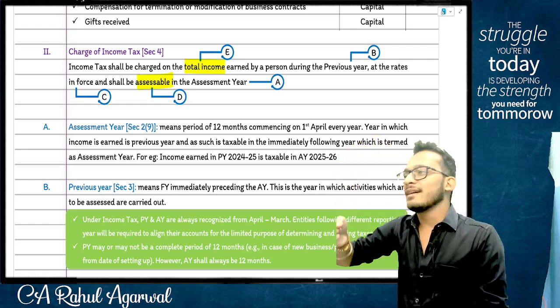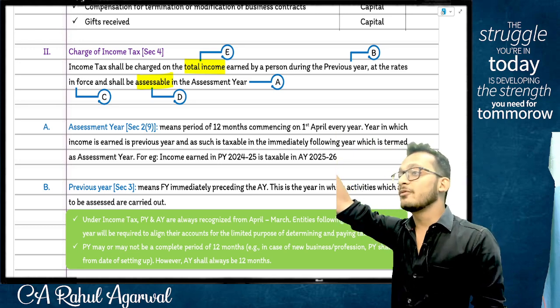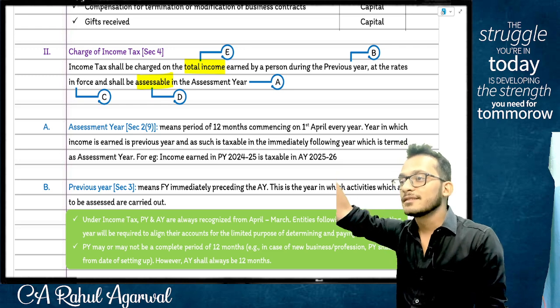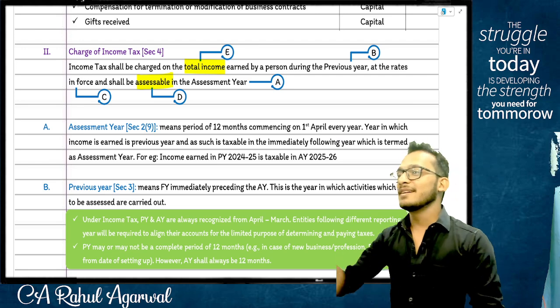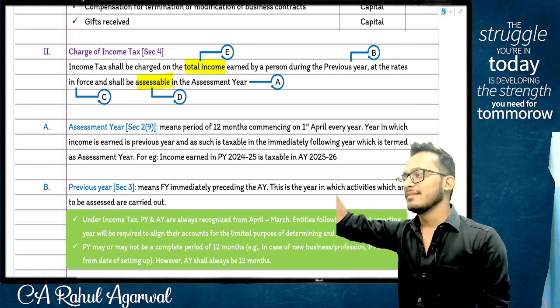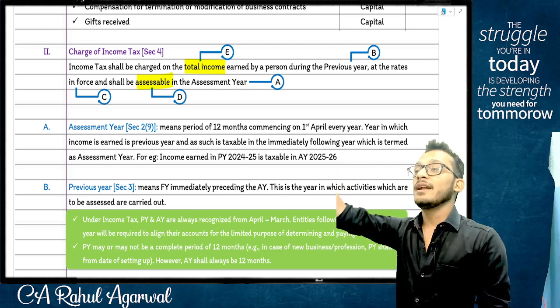So when the Income Tax Act is read, it is read from the assessment year, assessment year 62-63, which means it is coming with effect from 1st April, for income earned in 61-62.